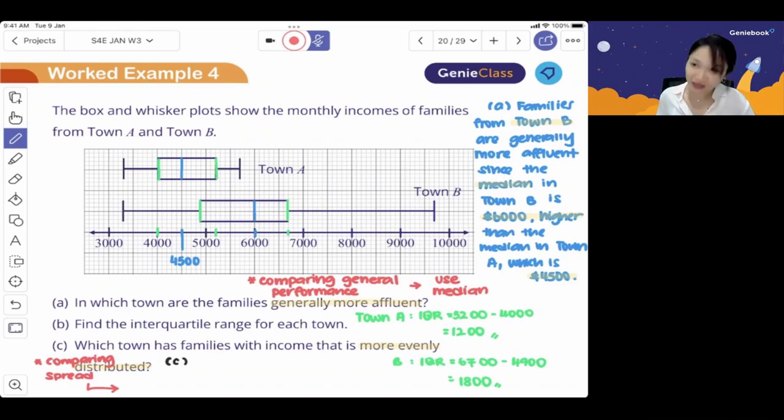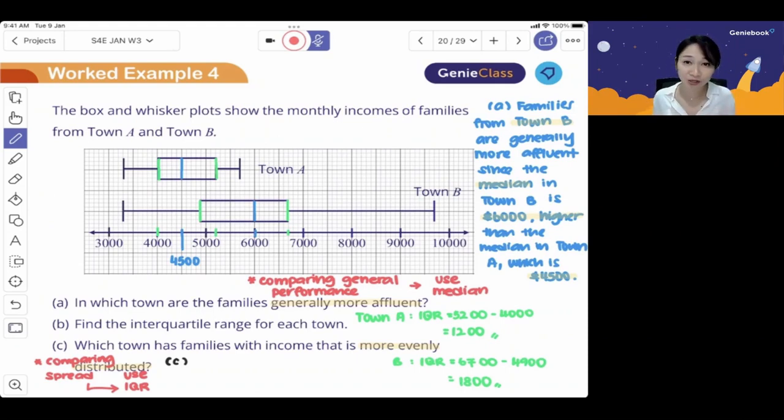Here, I see we're running out of time, so I'll go a bit faster. We actually use the interquartile range. That will be our mode of comparison. Between the interquartile range for town A and town B, which one is larger or smaller?